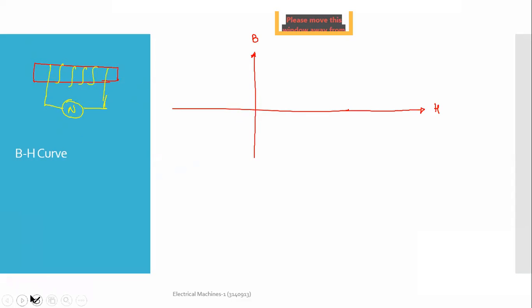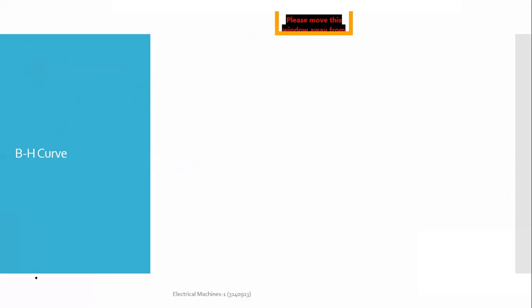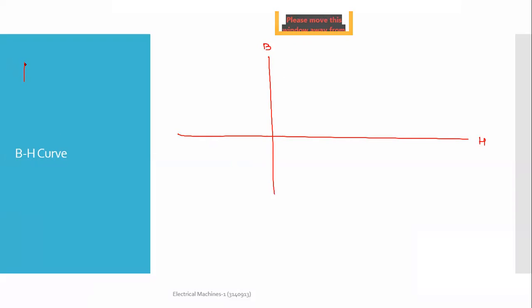For example, let me take a DC source simply. This is the magnetizing curve of this core material, let's say cast steel or cast iron.